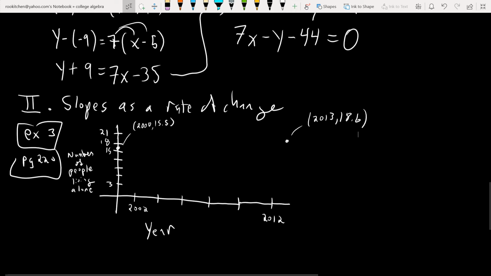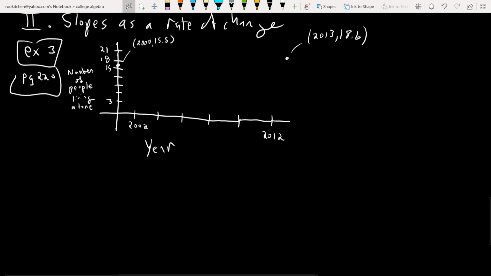All right, so what did they want us to do first? Find the slope and interpret it, right? Express the slope correct to 2 decimal places. So this should be relatively easy given the 2 points that we have. And there's a line connecting these.